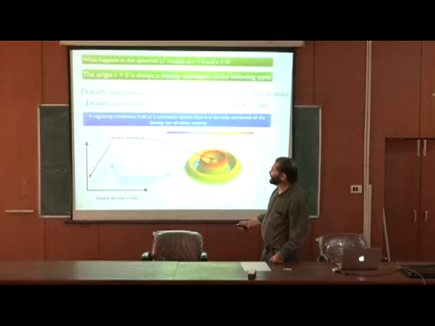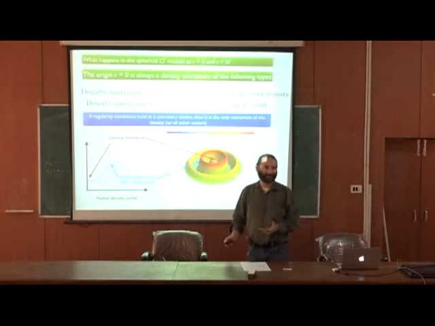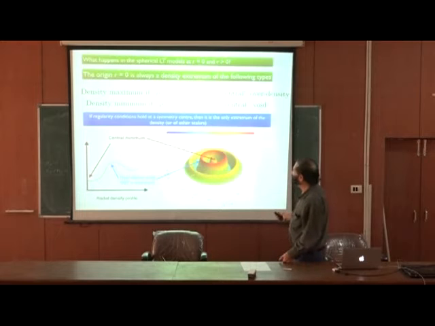Your density profile tells you there is an underdensity here, but you can say, well, what happens if I make my density profile like this? Wouldn't I have a maximum here? And the point is that you would have a maximum of the radial profile, but not of the three-dimensional density.